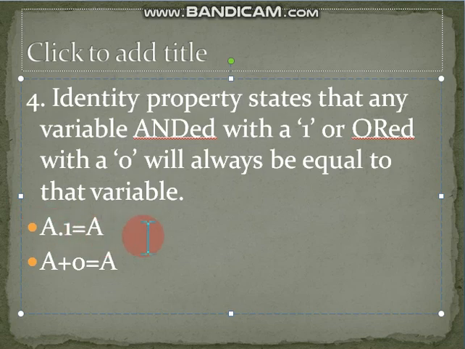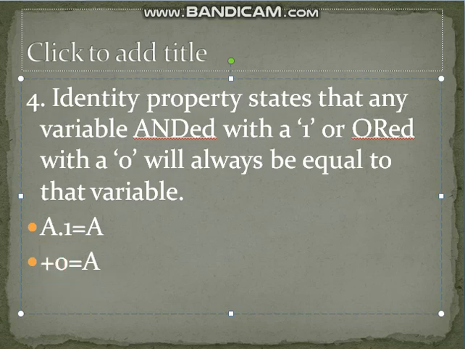That's the first statement. Then the second statement, to complete the entire identity property, says ORed with a 0. So we have an OR gate here and a 0. So any variable, as long as it's ORed with a 0, it will give you that variable as well. It's identity property. So whether you are using AND gate or OR gate, the identity property will still be applied.